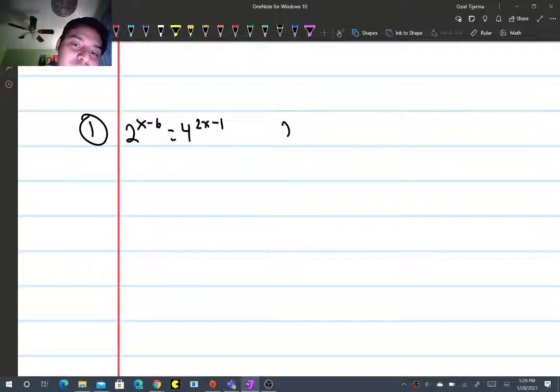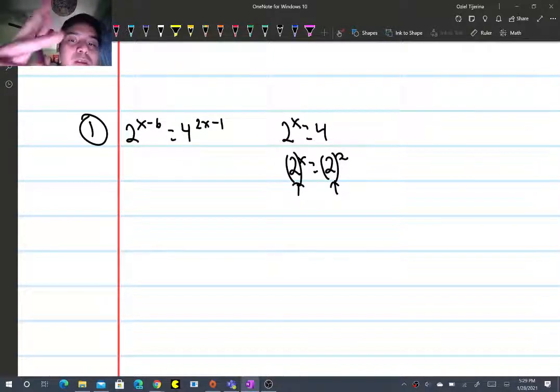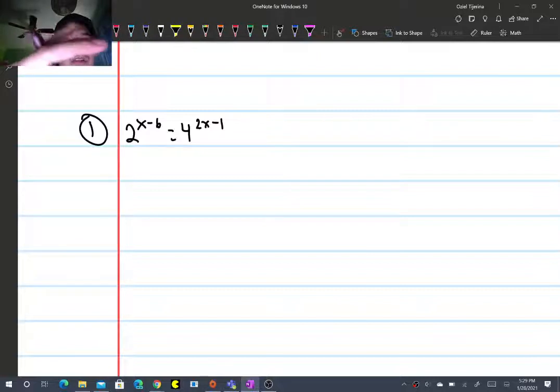For example, if I had 2 to the x equals 4, I would say 2 to the x would be 2 squared. You see how these two numbers are equal, right? That's the same thing you want to do with this.